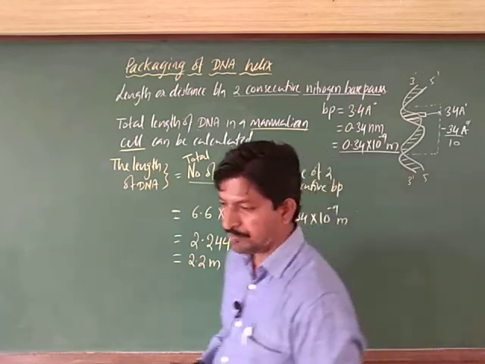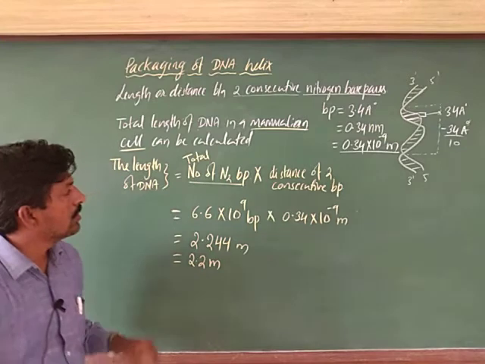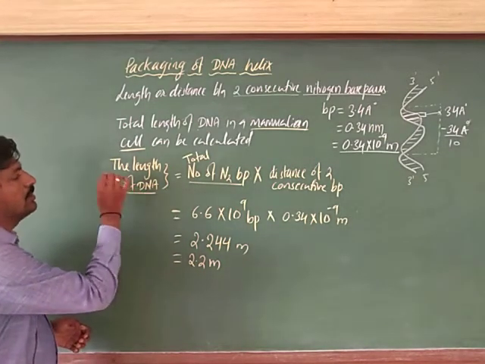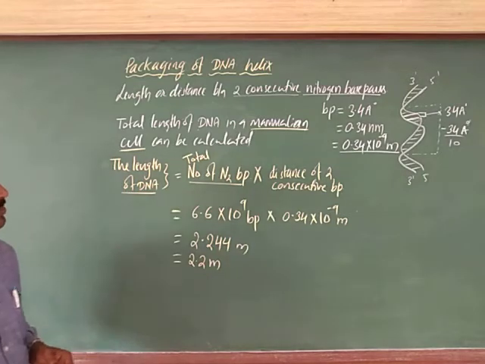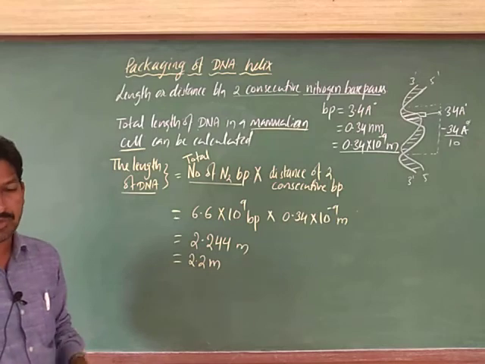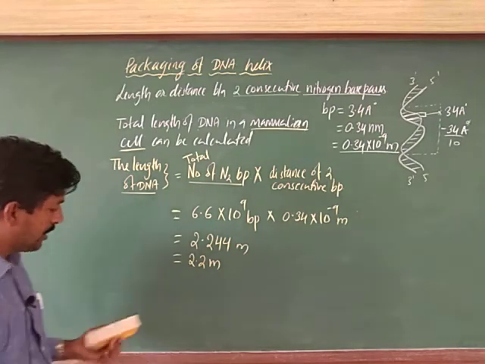Now one more. If they give us the length, we can also calculate the total number of nitrogen base pairs. So, in E. coli bacteria, you can take that also.